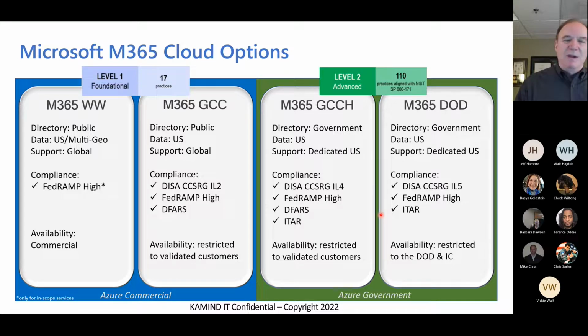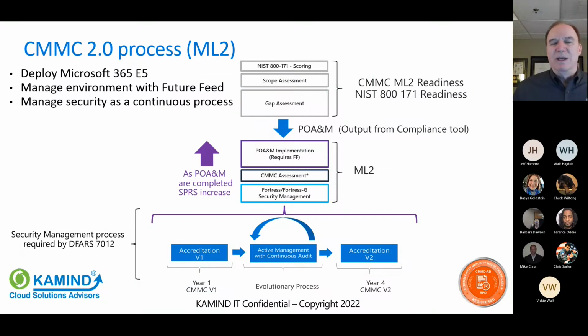But keep in mind, the initial 17 controls I did for Level 1, I can use those same documents to cut my costs down in terms of what we want to do for Level 2. And then a Level 2 process comes down to this whole interim model, where you're going to deploy 365, scope the environment, figure out where CUI is and where the gap is in your implementation, do a POAM for the changes, and go through this interim process back and forth.